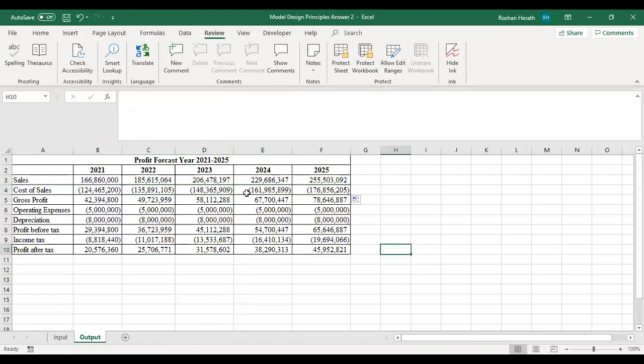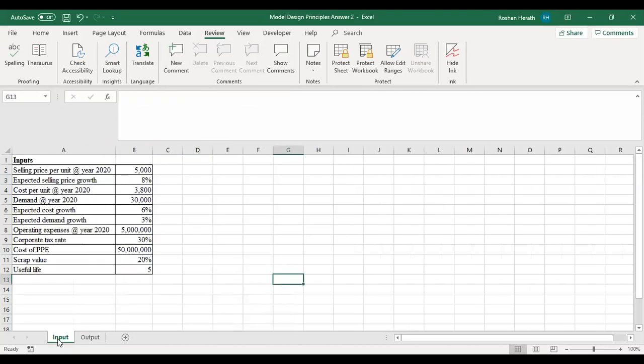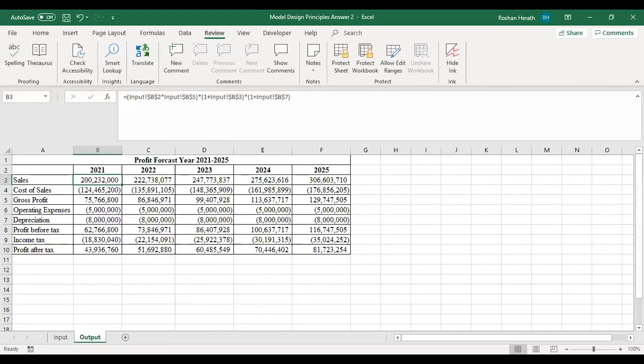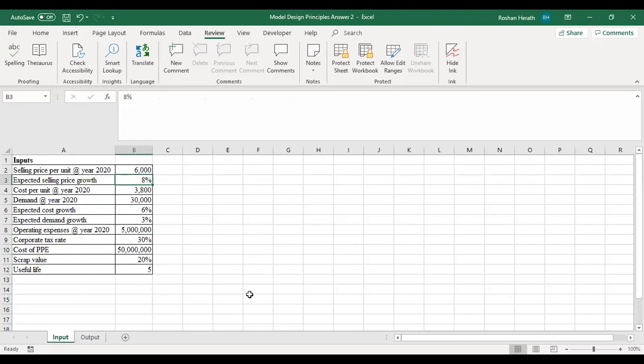You have to be conscious and careful when you are entering that, when you are switching between the input and output. Now let's change one figure and see whether it works. Let's make it 6,000. Yes, it is reflected.